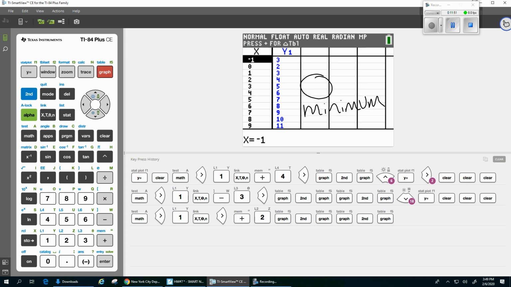If you notice in our table, our y values are increasing as our x values increase. So let's go back and see if we can find the smallest y value. So I have 7, 6, 5, I'm starting from the bottom, 4, 3, 2, and then I start to increase again. So my minimum value on my vertex is at (0, 2).